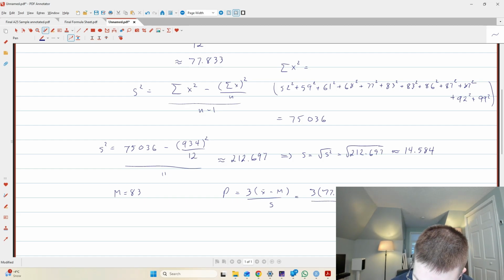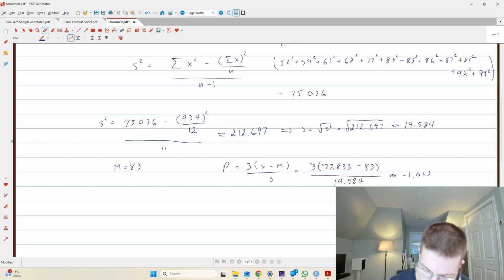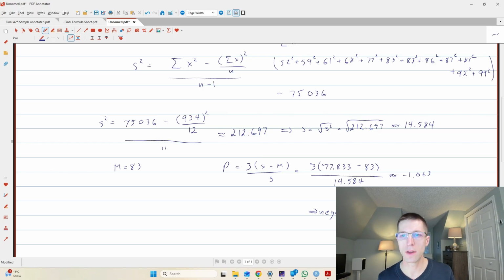Divide by 14.584. And that works out to, if you put that in your calculator, about minus 1.063. And because it's negative, that means my data is negatively skewed. So that one's not hard, just a bit time consuming, a bit tedious.